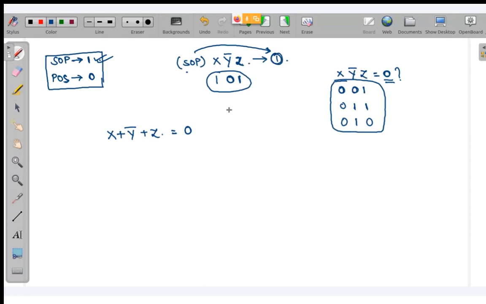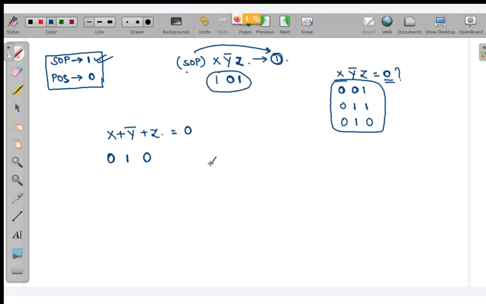This will be 0 only when x is 0, y is 1 and z is 0. For any other combination you take, this will not be 0.